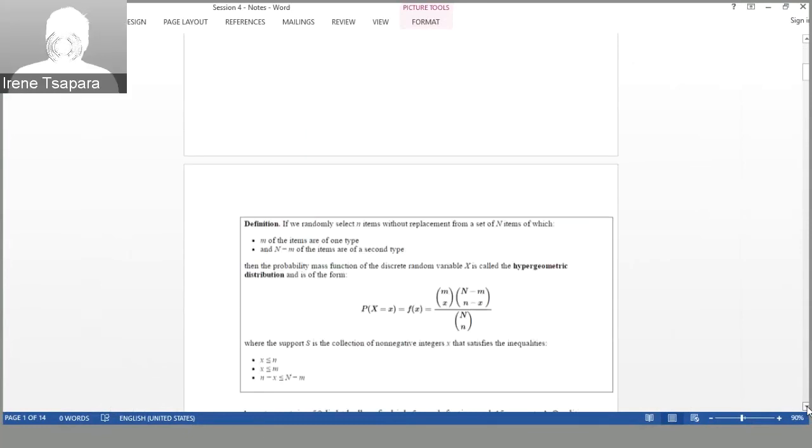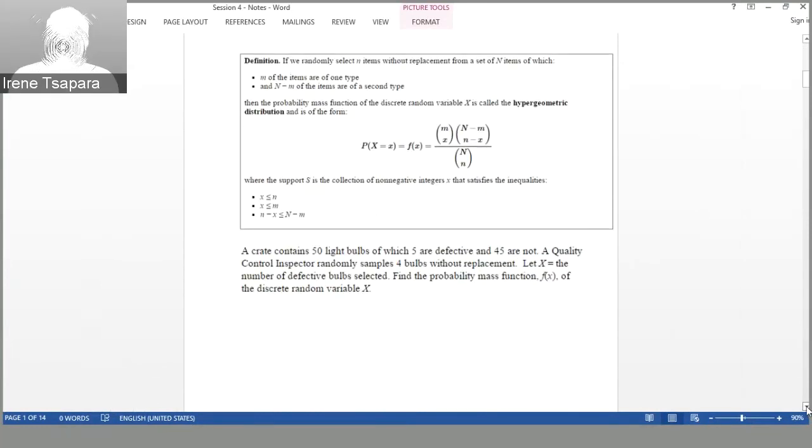Now, as I said, we didn't spend enough time last week on the hypergeometric. So what I have here is the definition of the hypergeometric distribution, only to make sure that you know what it is and what it refers to. It is basically the same as the binomial distribution, except that we don't have replacement. Imagine that you have an urn. This is the easiest and most common example that the books give.